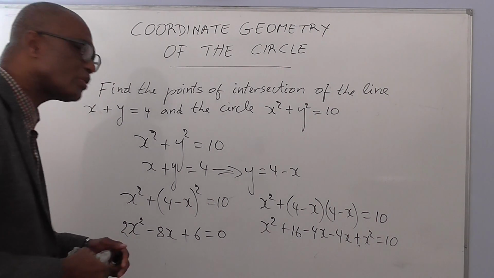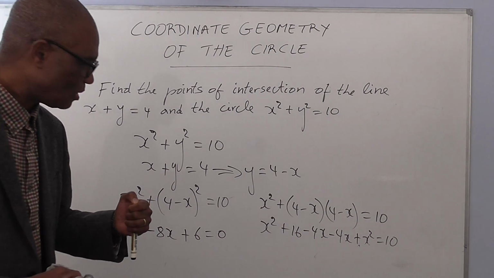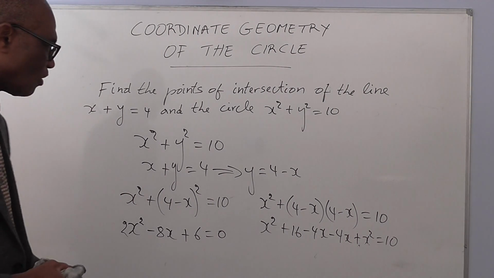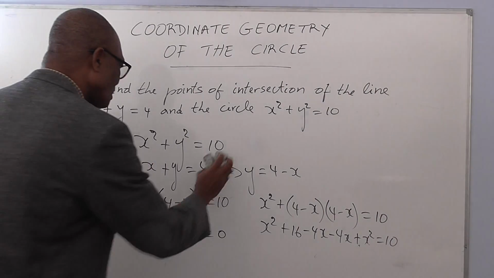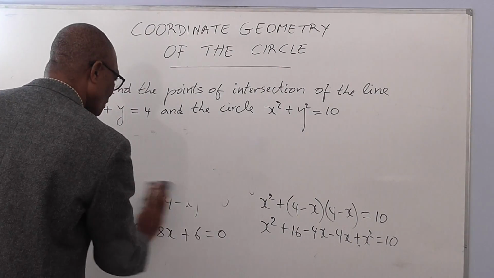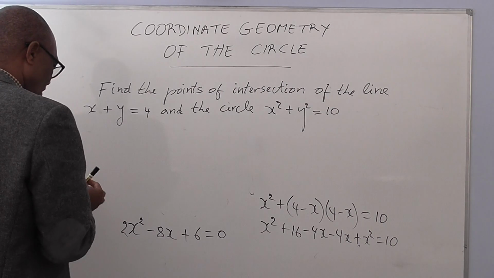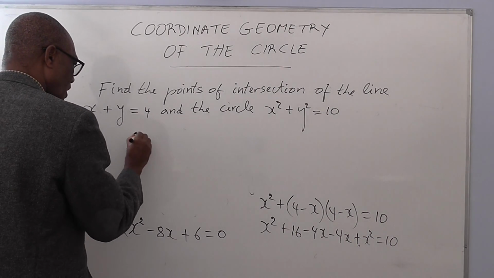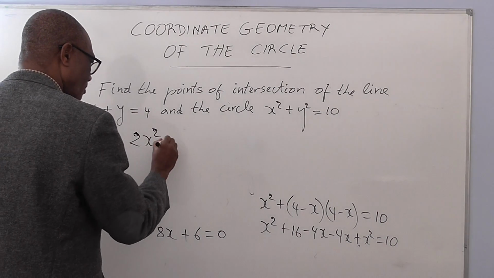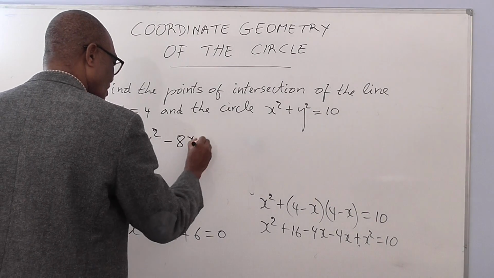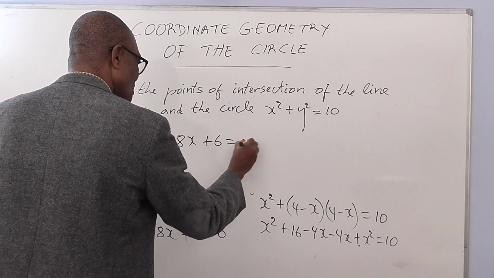Now, if we use the quadratic formula, let me write down here on the top: 2x squared minus 8x plus 6 equals 0.